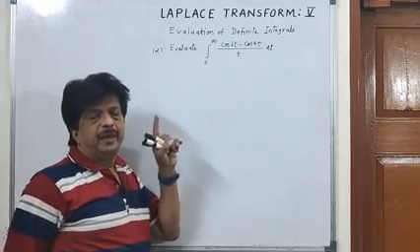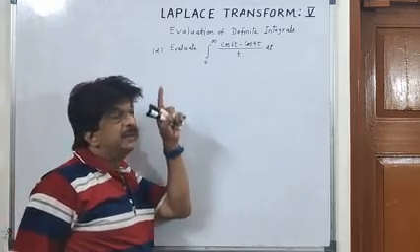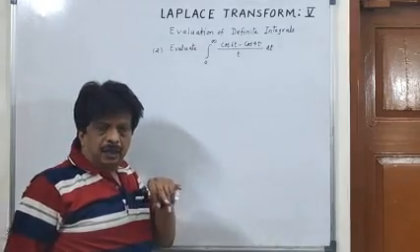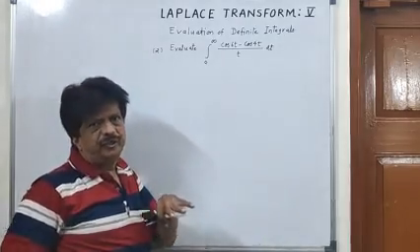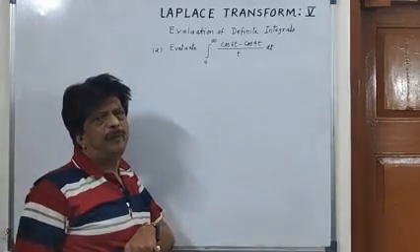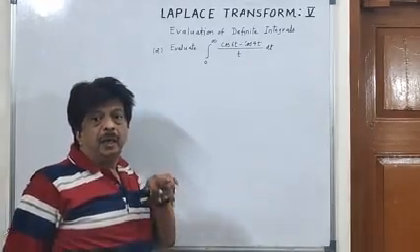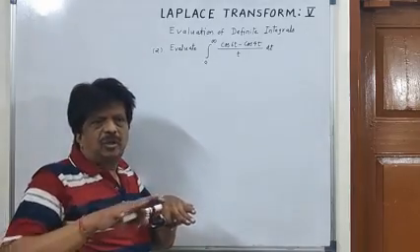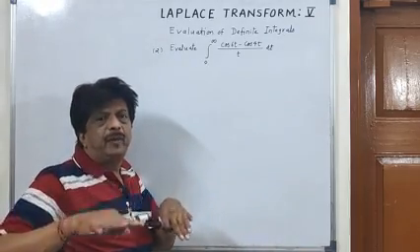Again, if we compare this definite integral with the fundamental definition of Laplace transform, here f of t is (cos of 6t minus cos of 4t) upon t.